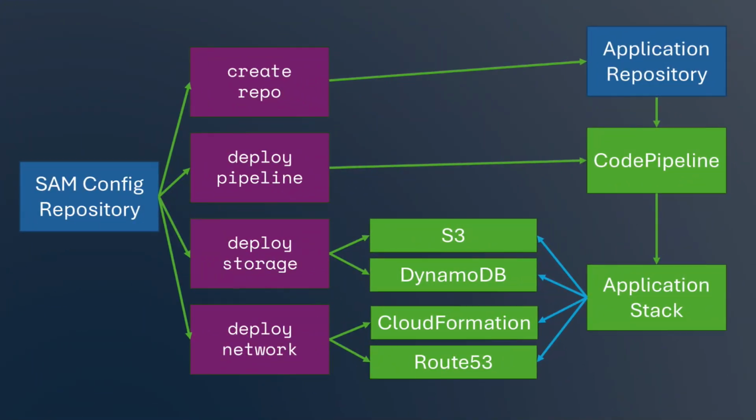So this is going to be scripts that I use to create repositories, scripts that I use to deploy S3 buckets or networking infrastructure or even pipelines for applications. So this is separate from my actual application repository.